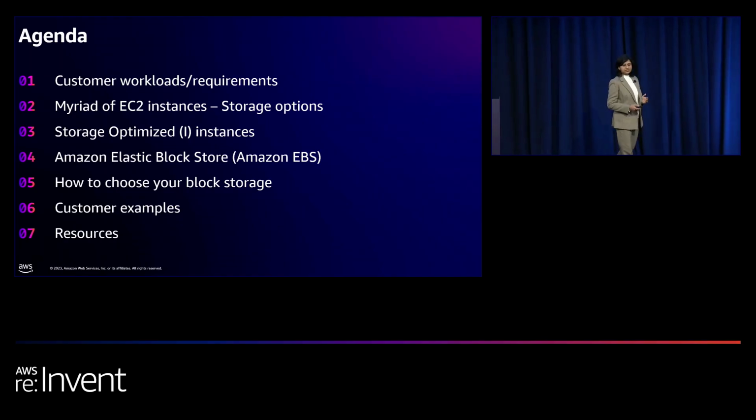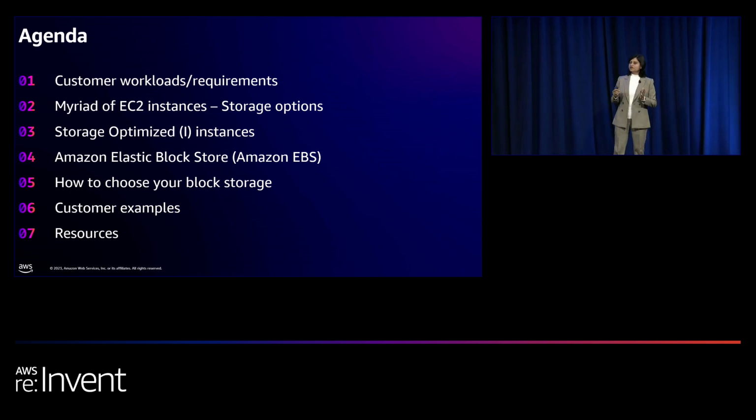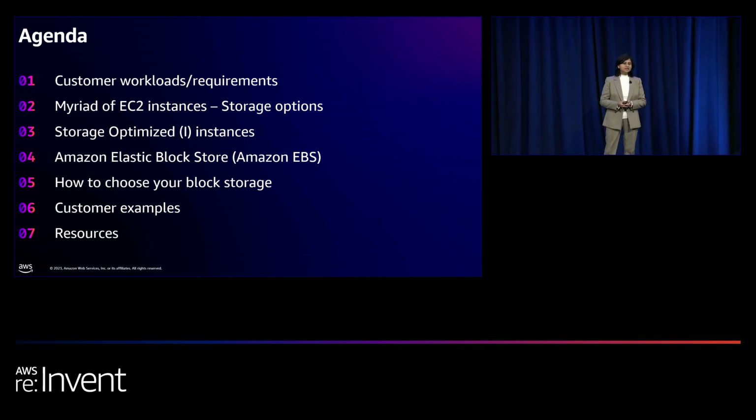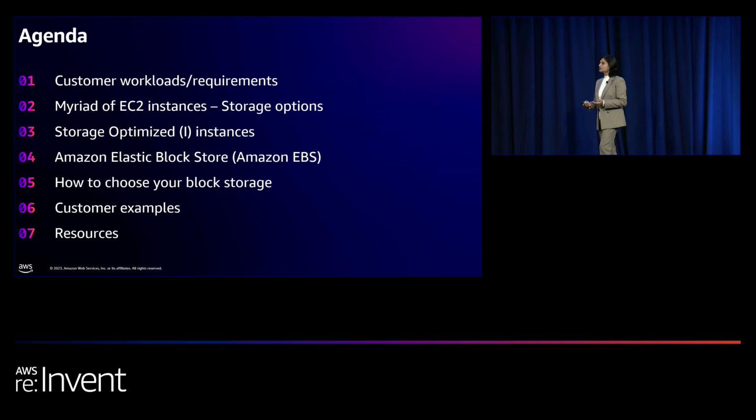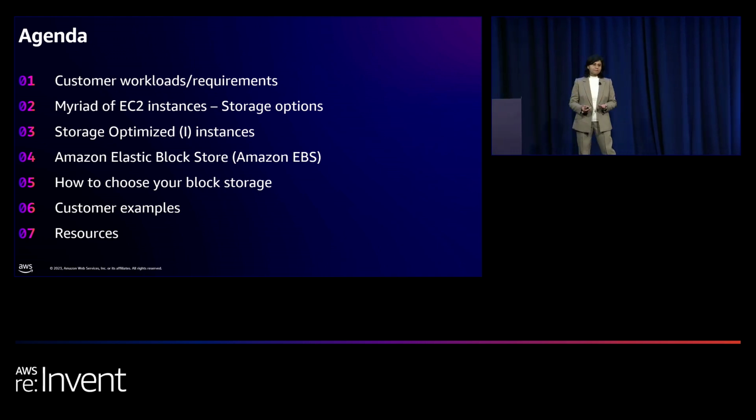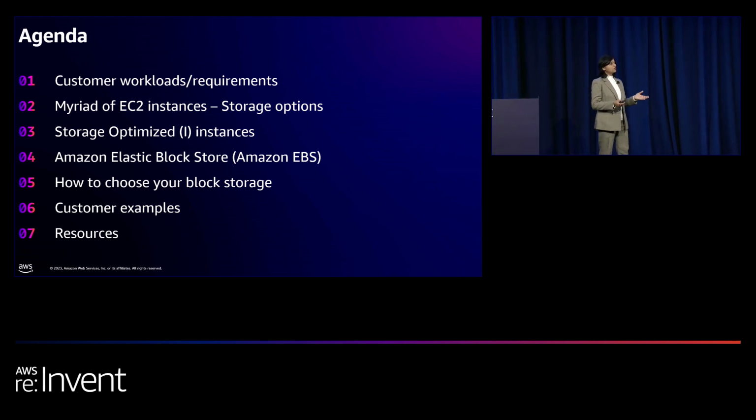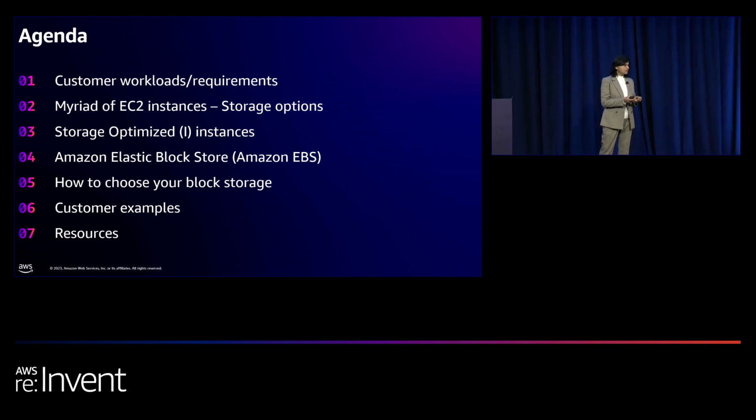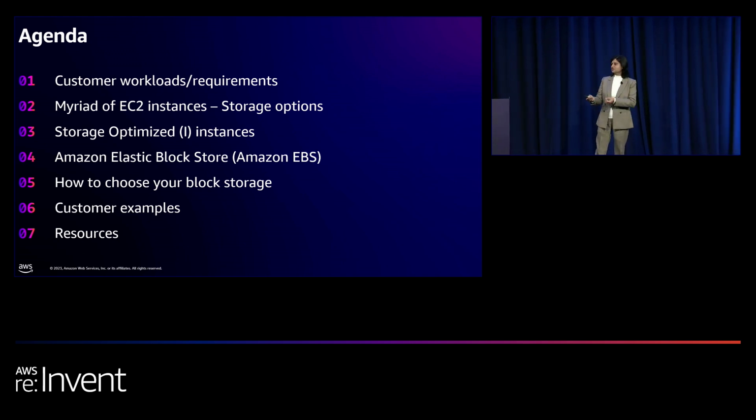In the session today, we are going to first talk about you as customers and your workload requirements, what we hear from you. Following that, I'll give you an overview of all the different choices Amazon EC2 has to offer. We'll go over some of those different choices, give you a bit of an overview and knowledge about each one of them.